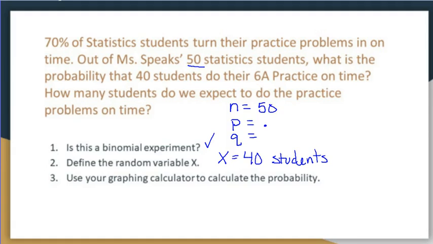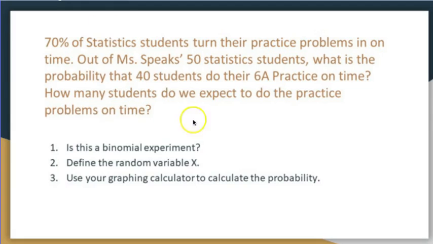Okay, and so we said that was 0.70 because 70% turned it in on time. Q would be the probability of failure, so that would be 0.30.